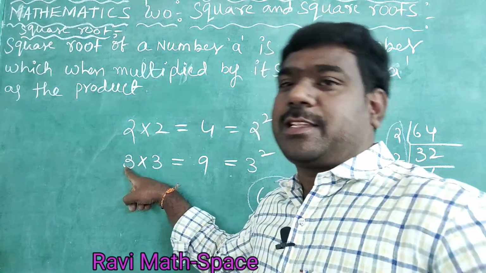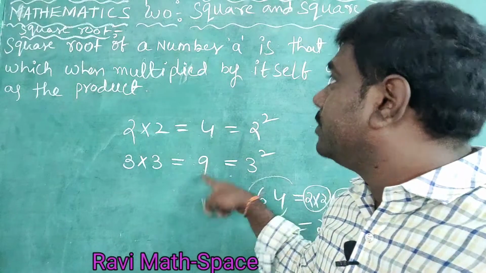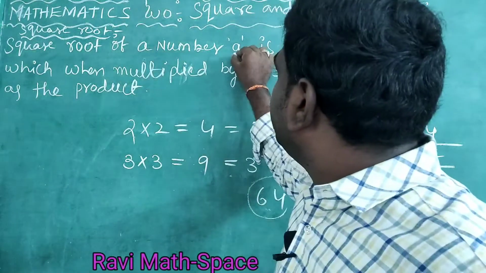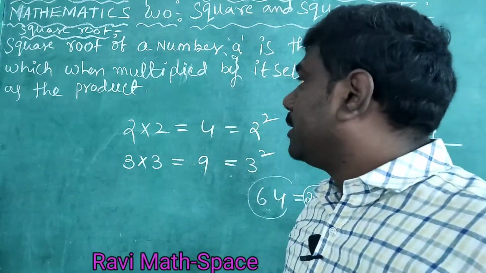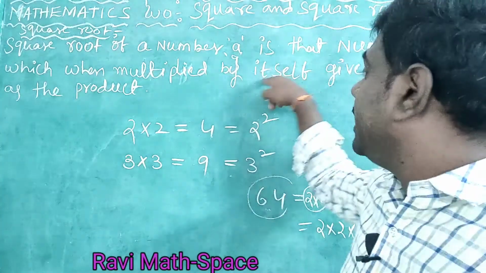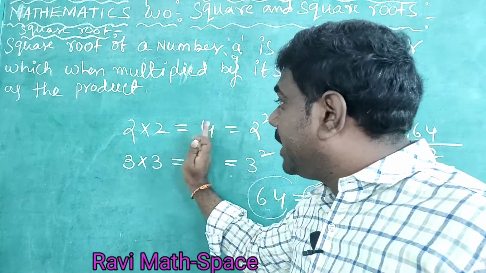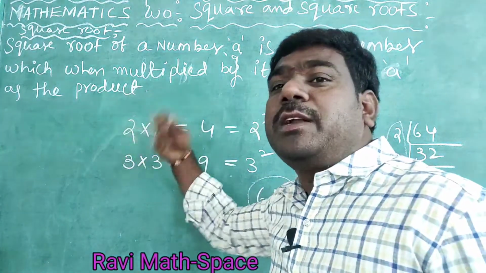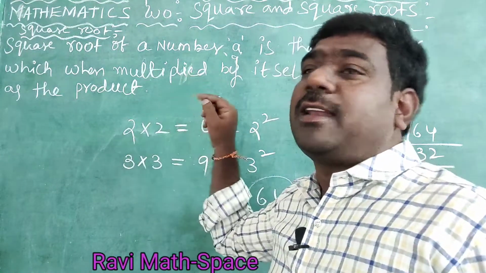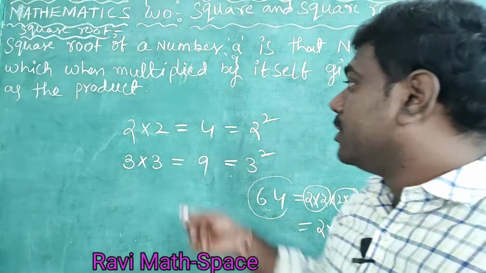3 multiplied by itself gives a product. The number which, when multiplied by itself, gives a result is called the square root of that result.